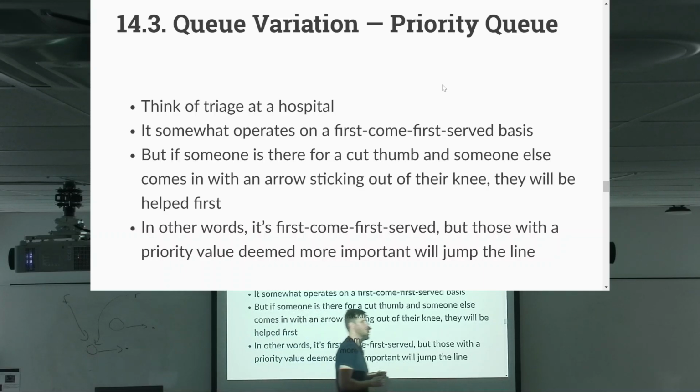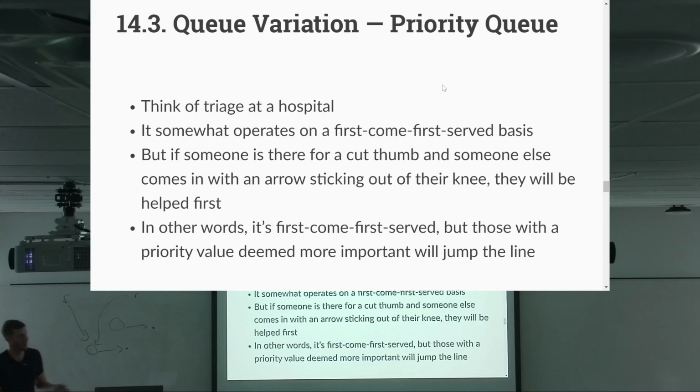With a priority queue, which by the way is what you need for assignment 3, it's a queue where it's first come, first serve, but things that are deemed more important come first.